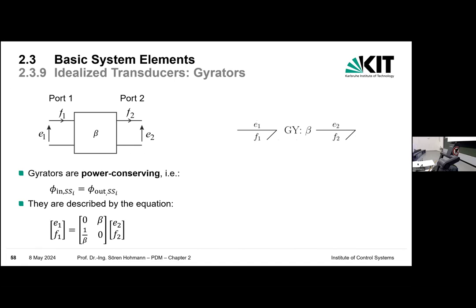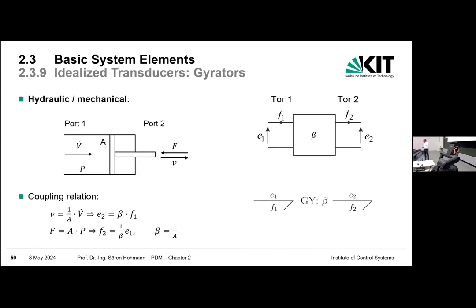You might say, hey, does such an element exist? The interesting answer is yes, of course, it exists. I give you one example, given here: a hydraulic-mechanical transducer, which is a gyrator. Why? Suppose you have a transducer where a volume flow enters the chamber on the left-hand side and pushes the piston to the right.